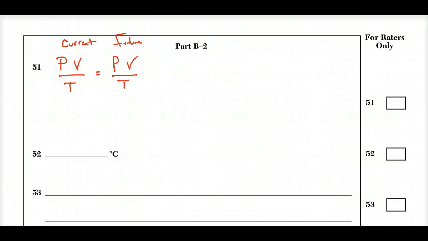Plugging this in, my current or initial pressure was 2.0 atm, and my volume was 500 milliliters. And the temperature, they were so nice to give it to us in Kelvin. If they didn't, you had to convert. It is 200 Kelvin.